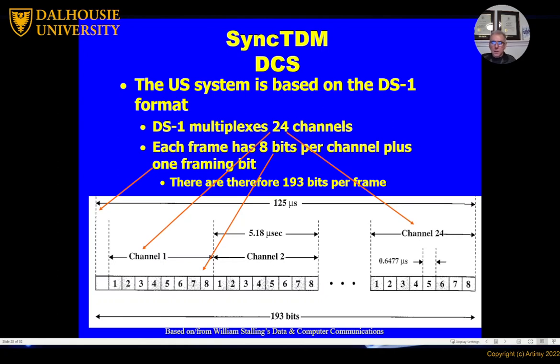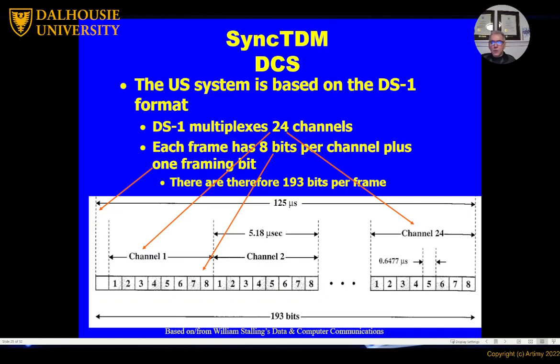So originally voice was sent analog, and then later was digitized and started to be sent in digital form, right, binary form. So this is one of the techniques that was used to do that.